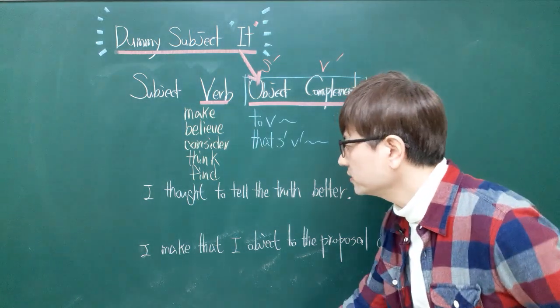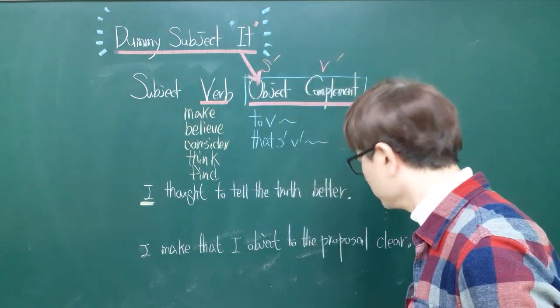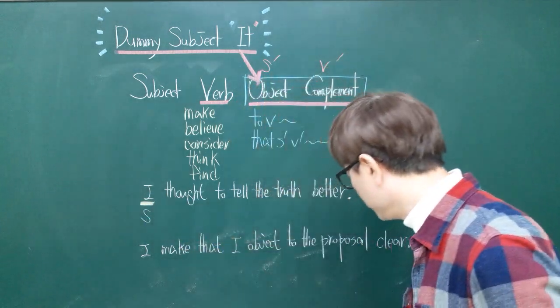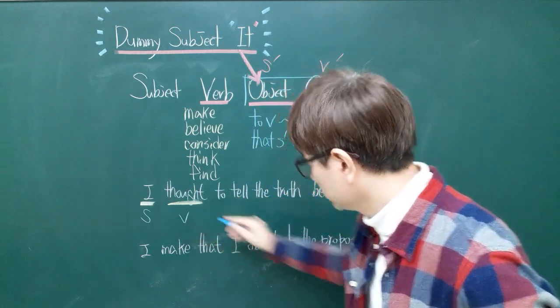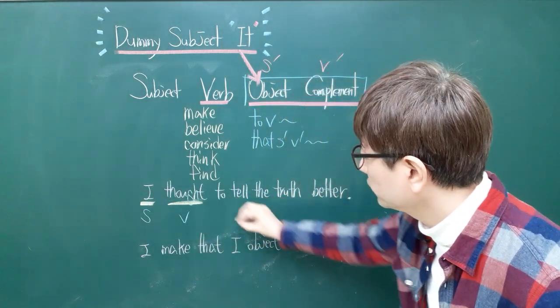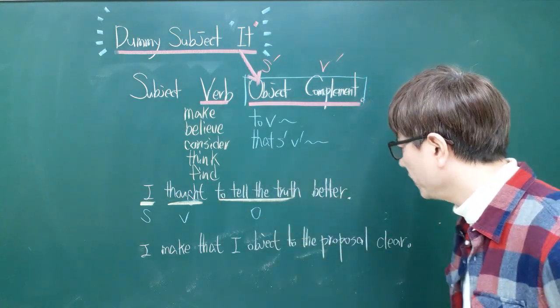So as you can see, we have I as subject, and we have thought as verb, and to tell the truth is object and better is complement.